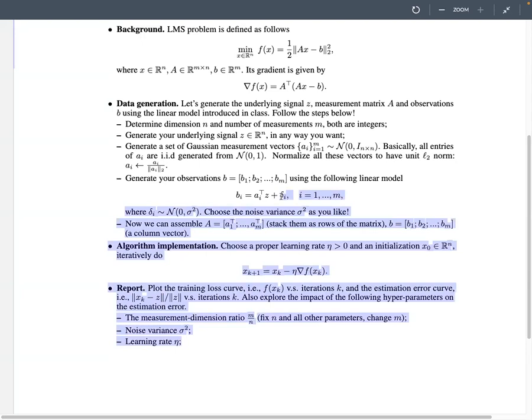That is expected. And also the learning rate. Right after you write this code, you just need to tune those parameters, change them and rerun the code, should be simple.